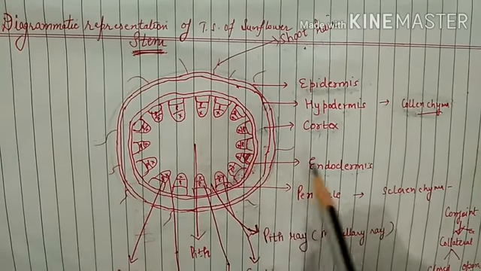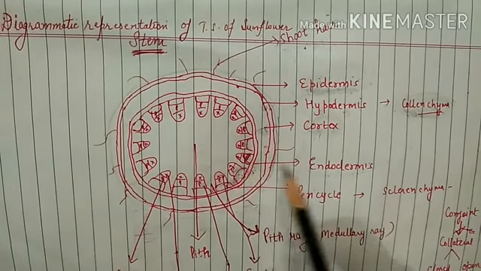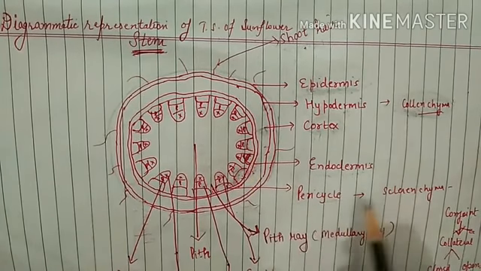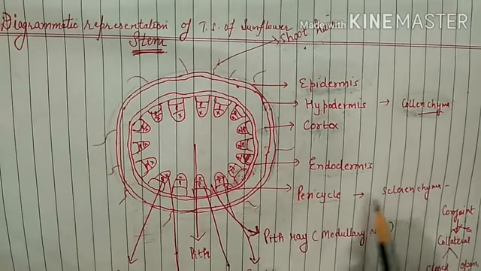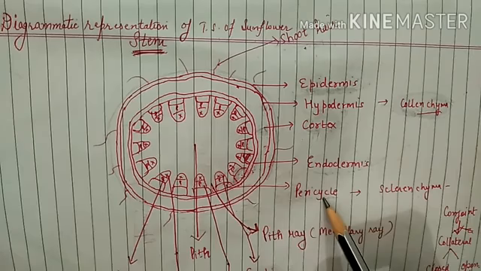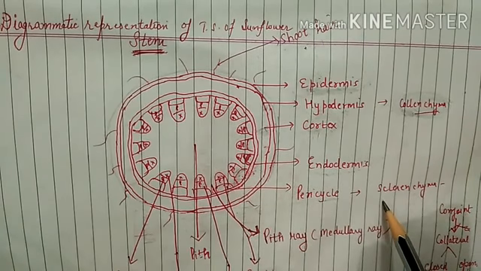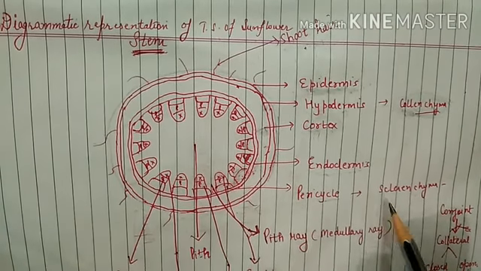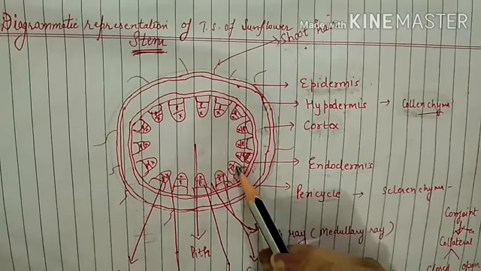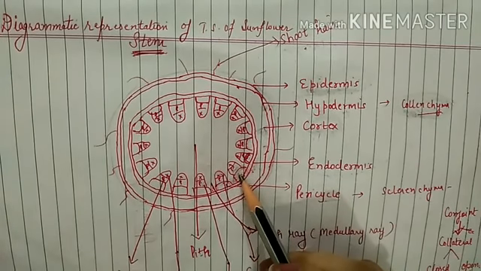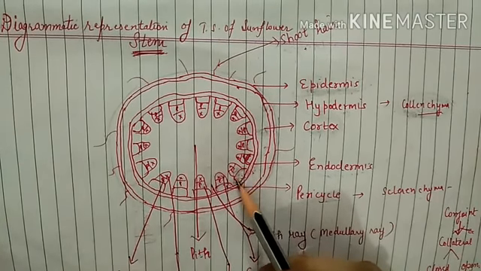And the cells here in the pericycle are sclerenchyma cells. So sclerenchyma cells also provide support. Therefore the cells in the pericycle are sclerenchymatous. And since these semilunar patches are present just above the phloem, this is also known as hard bast.